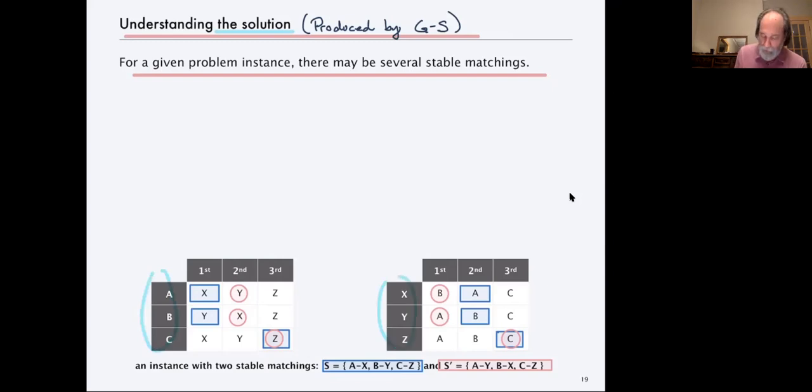And we can see easily that there's 2 stable matchings. And I've colored them so you can see them easily, right? One with X to A, B to Y, and C to Z. And the other one in pink with X to B, Y to A, and again, C to Z.